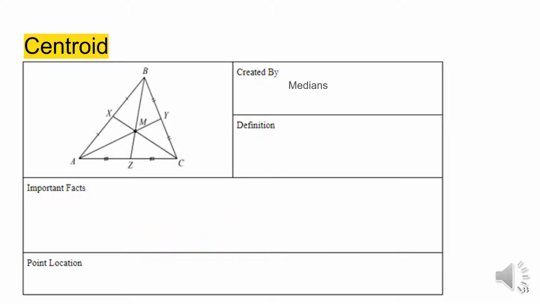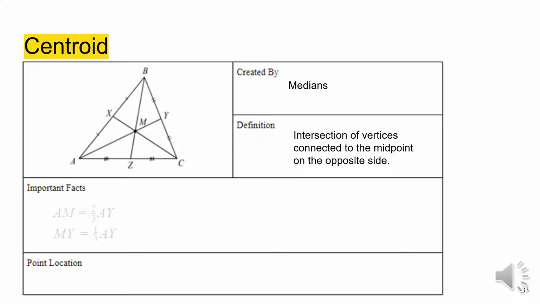Centroid is made by medians. It's the intersection of the vertices connected to the midpoint on the opposite side. So it's going to take a line from A and connect it to the middle point of the line BC. Centroids have a 2-to-1 ratio.